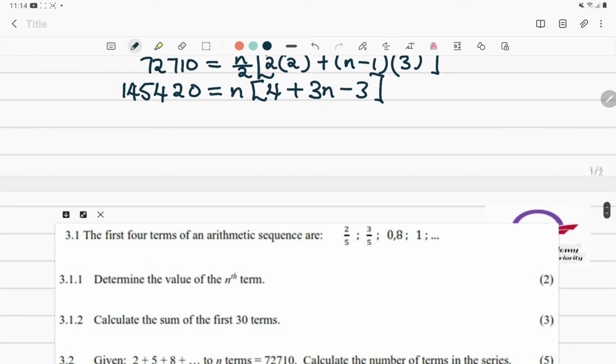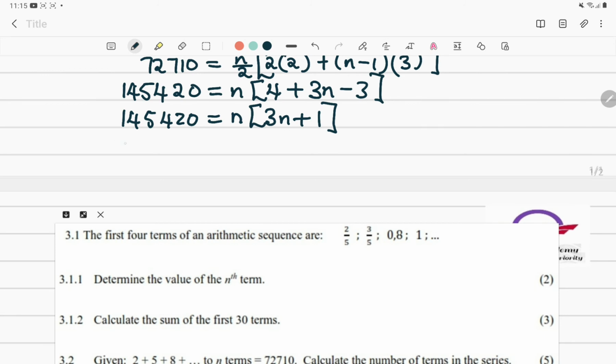Then moving forward, as we continue, we'll say 145,420 equals n into (3n plus 1).